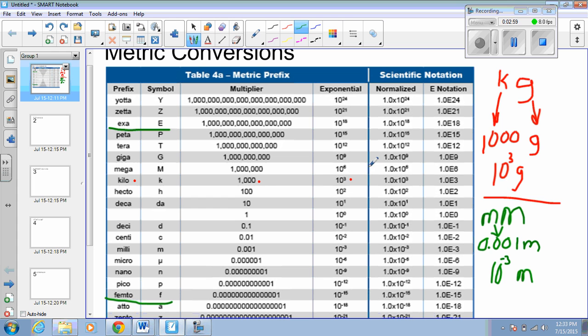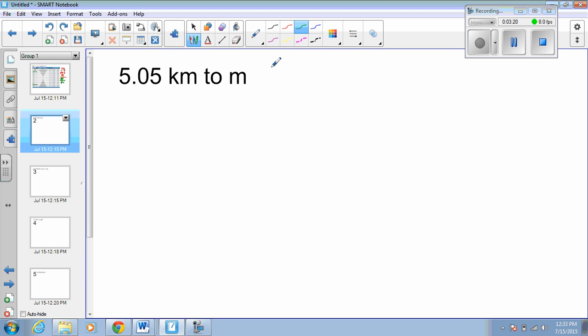You don't necessarily have to memorize them, but you should memorize between kilo and milli. Even mega to millimeter, or mega to micrometer, is a good thing to have memorized. So let's do some conversions.